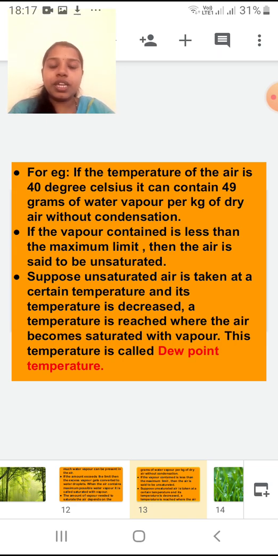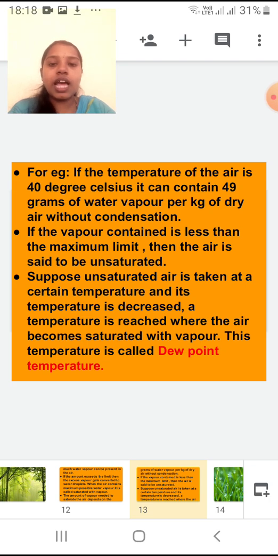Now suppose I am taking unsaturated air at a certain temperature, and I want to convert it to saturation. I decrease the temperature until I reach a temperature where the air becomes saturated with the vapor.